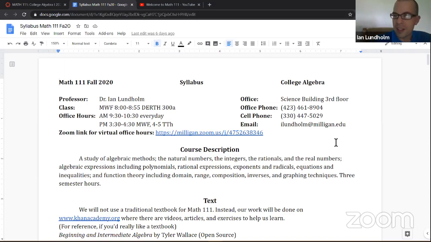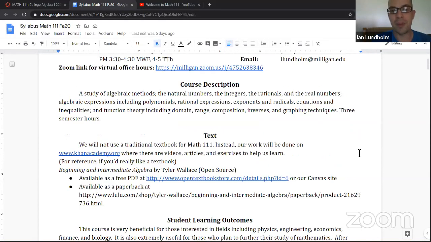Honestly, the topics that you study in a college algebra class aren't too different from the algebra that you would study in high school, except in this context, we're gonna cram everything that may have gone into 1 or 2 years of high school into one semester. And so we're gonna study college algebra as efficiently as possible. I believe that I've set up the course so that you should be able to make progress according to your own pace.